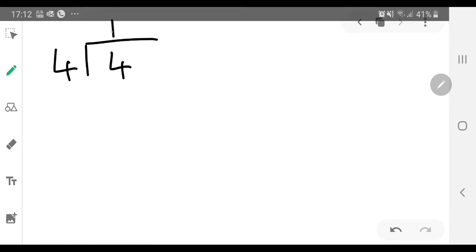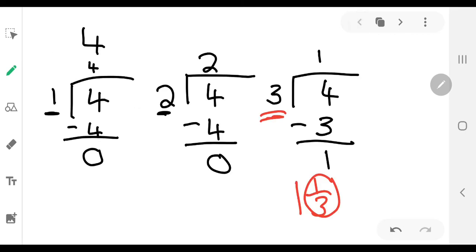So now I'm going to take the number 4. Can 4 go into 4? Yes, it can. 4 goes into 4 how many times? 1 time. 1 multiplied by 4 is 4. And 4 minus 4 is 0. Is 4 a factor? Yes, absolutely. So now if we do some inspection, you can see that the first number we saw was number 1. Then number 2.